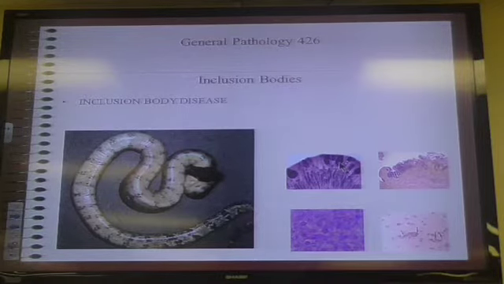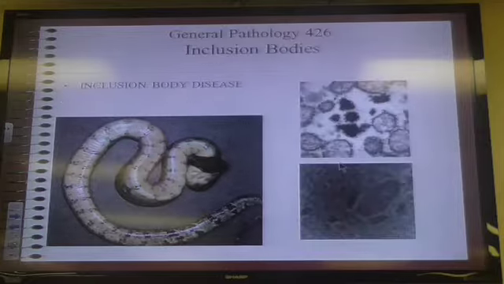They call this inclusion body disease in snakes, and you usually see this in the big constrictors. So what are big constrictors? Boa constrictors, anacondas, that kind of stuff. You see it in the big guys. Not really a rat snake, which is also a constrictor.